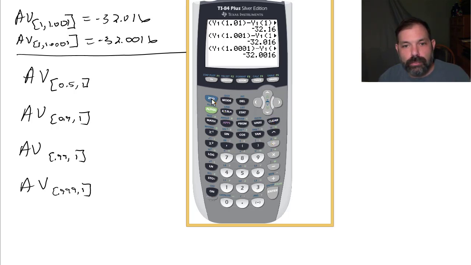All right, so let's bring up that last line of code. And instead of doing 1.0001, how about let's just do 0.5 in the numerator and in the denominator. All right, so negative 24.